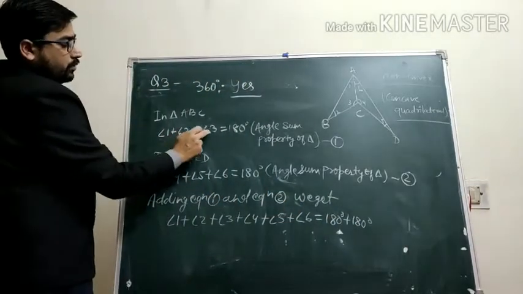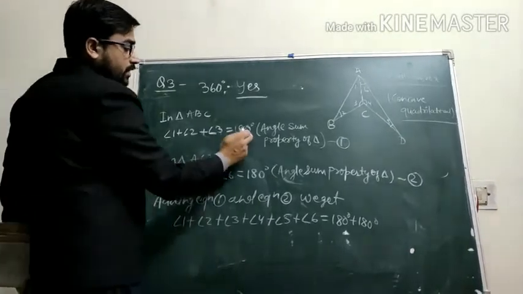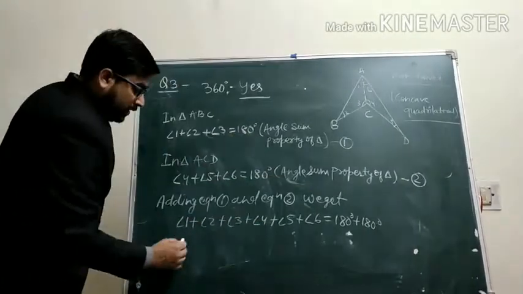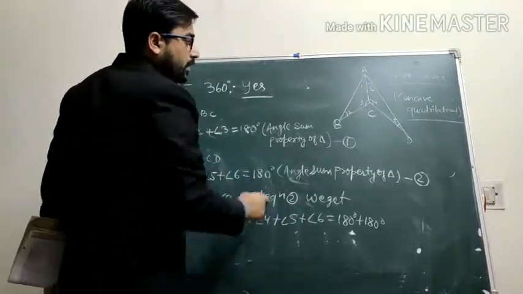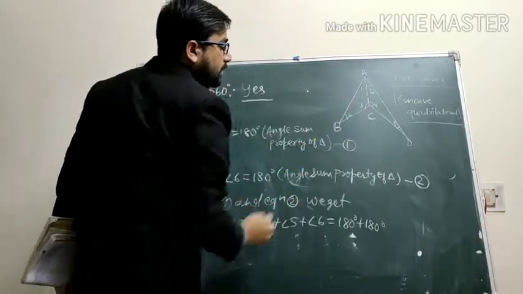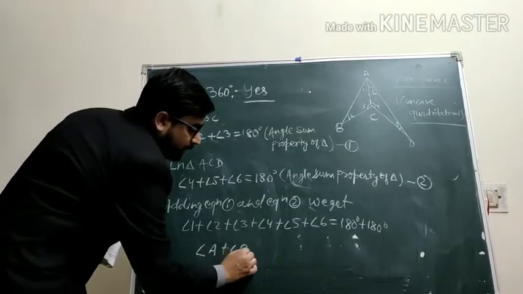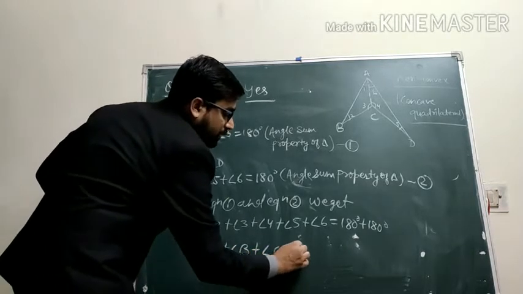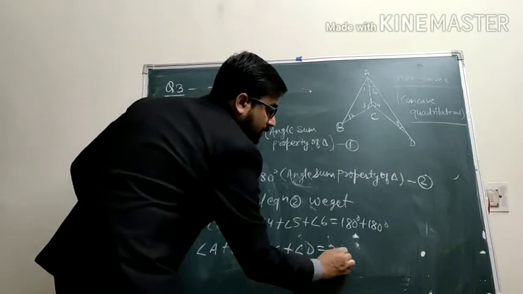That means, or you know, angle 1 plus 6 give A and 3 plus 4 gives C. Angle A plus angle B plus angle C plus angle D is equals to 360 degree.